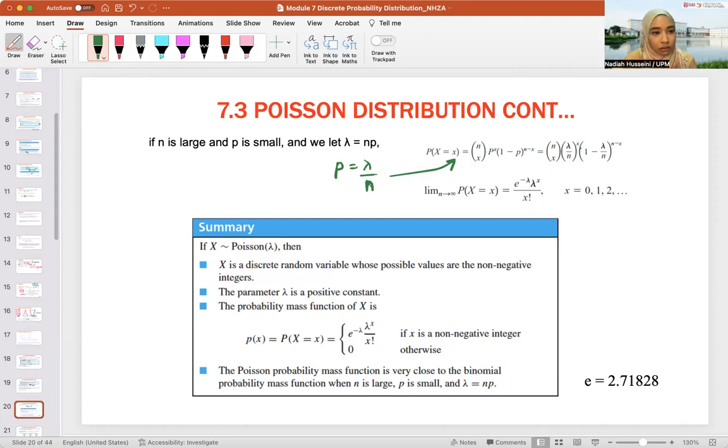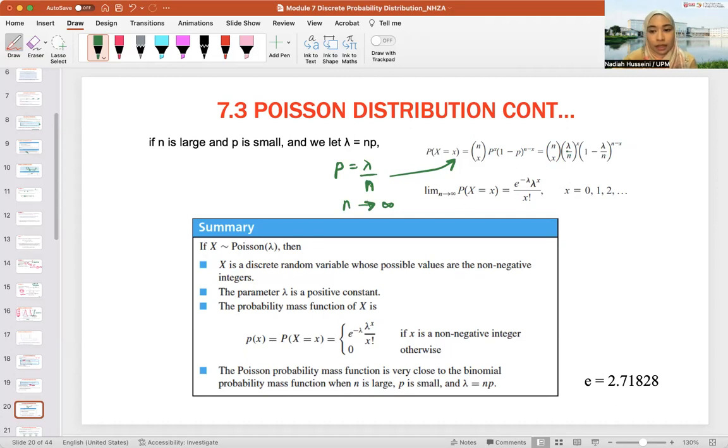Again, Poisson distribution deals with N that is very, very large. Now we can assume that N approaches infinity for our equation, just for our equation, not for the question, because we want to do an approximation. So assume that N approaches the limit of infinity.